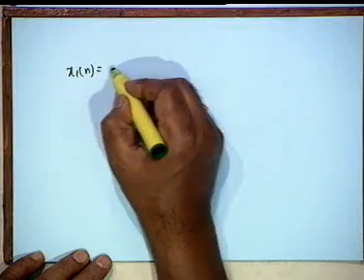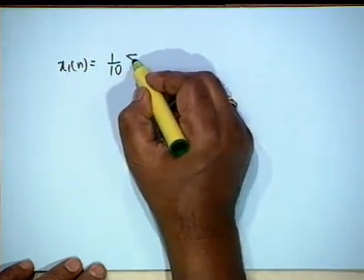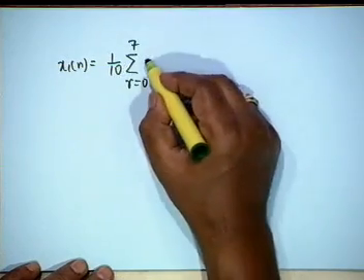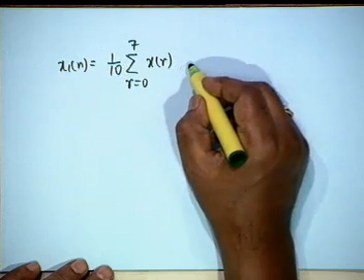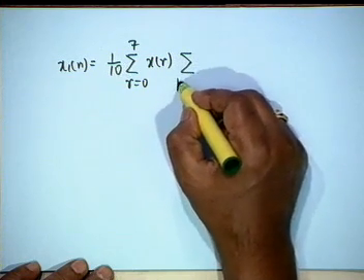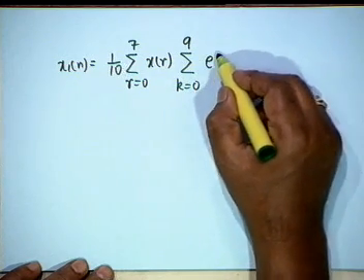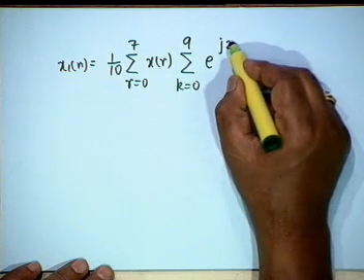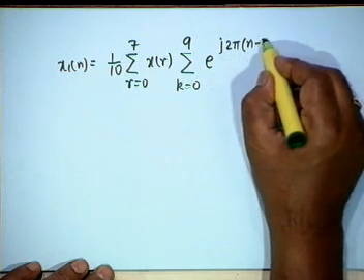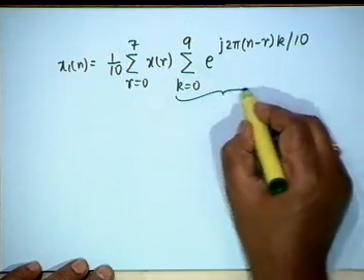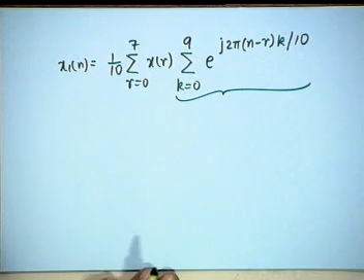So, you interchange the summations, and what you get is x1 of n as equal to 1 over 10 summation r equal to 0 to 7 x of r summation k equal to 0 to 9 e to the power j 2 pi n minus r k divided by 10, and you look at this again.